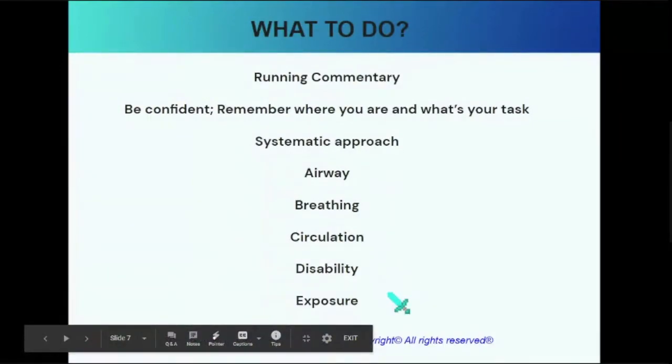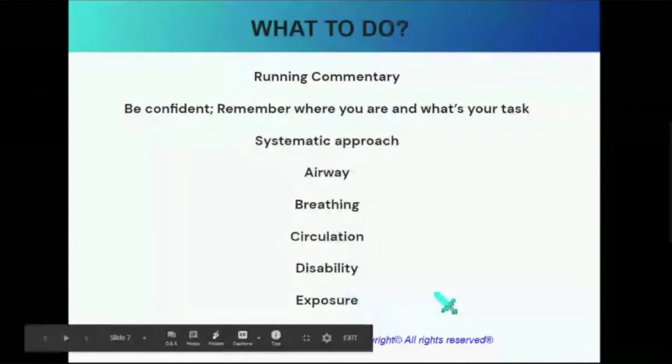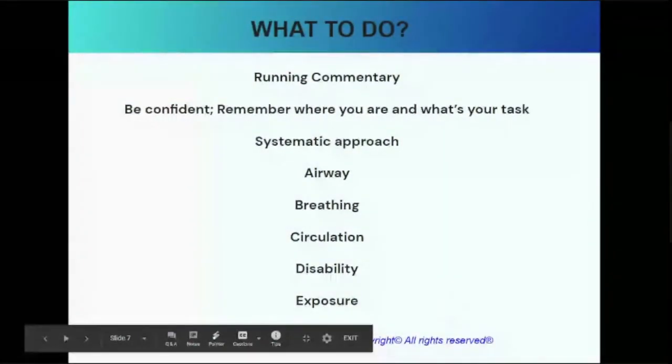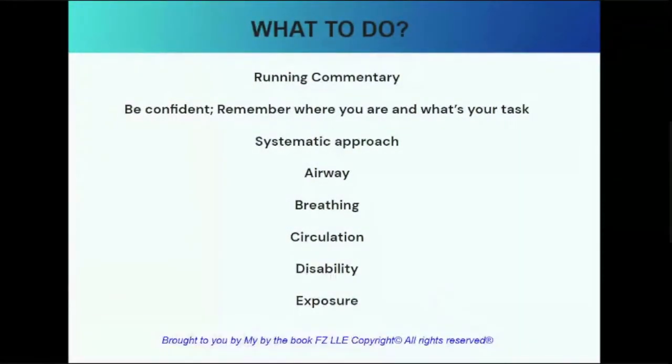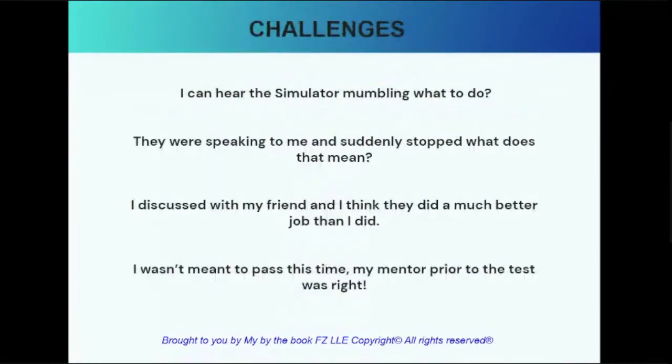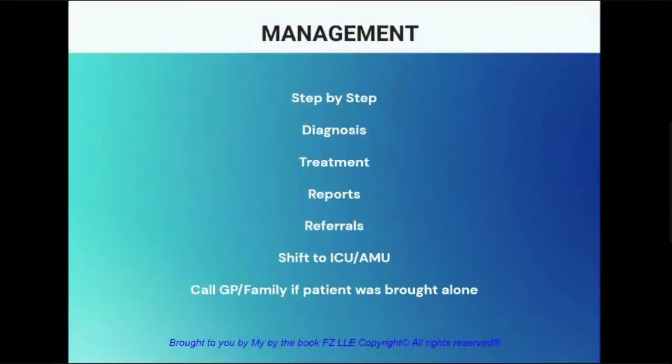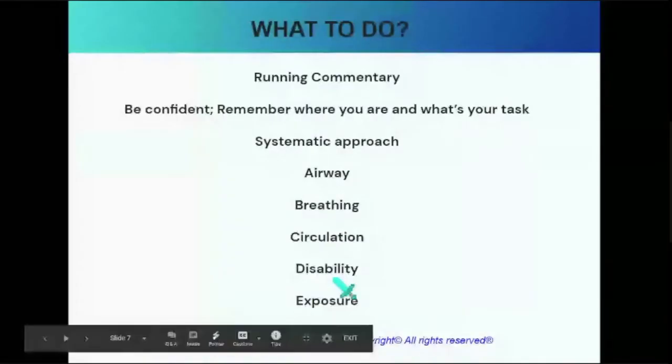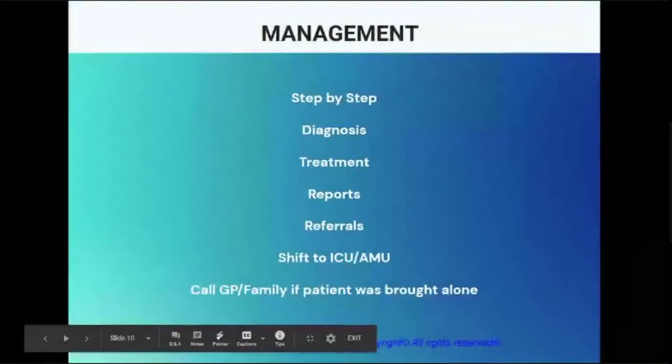When you reach exposure, say that you would like to expose this patient, do a complete head-to-toe examination, and check for any rash. If there is a rash, I would like to do a glass test. And I would also like to assess this patient for some specific special signs, such as checking for neck stiffness, Kernig sign, Brudzinski sign. So all of that comes in E, right?